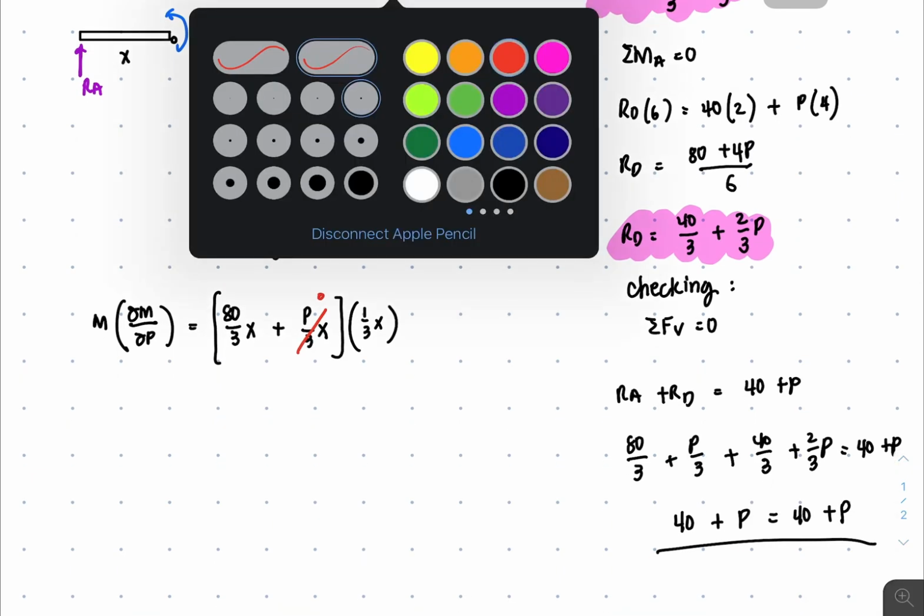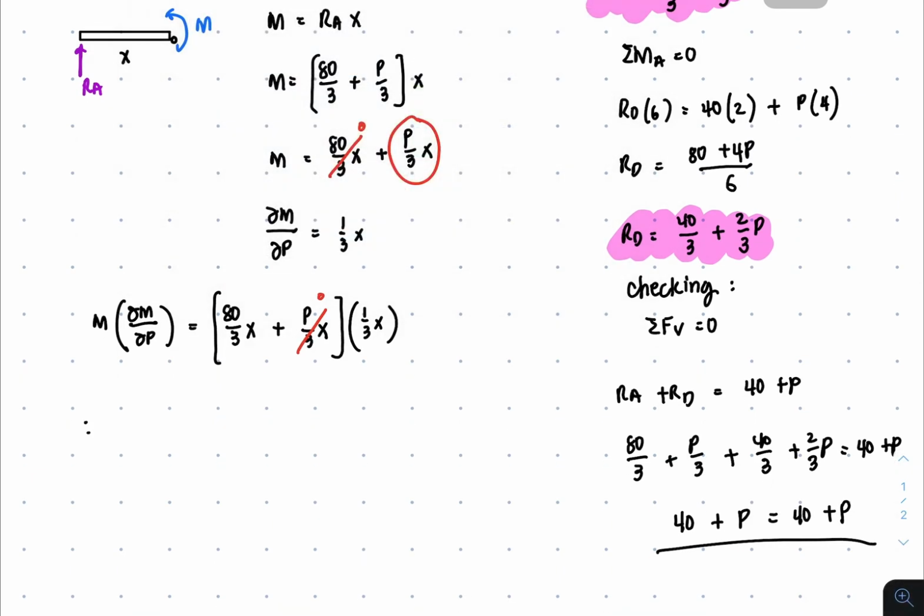So finally, the product of M and the partial derivative of M with respect to P is now equal to 80 over 3x times the 1/3 of x.